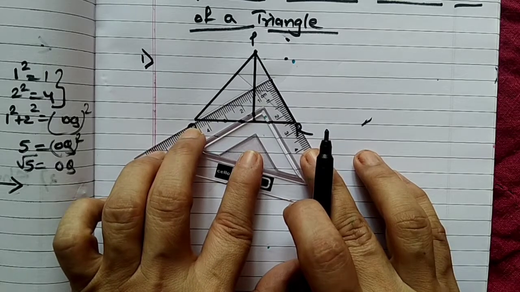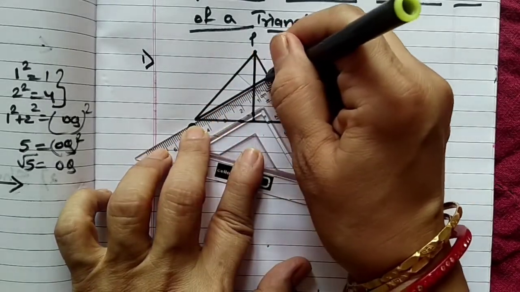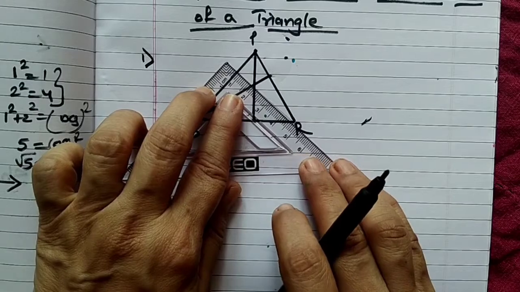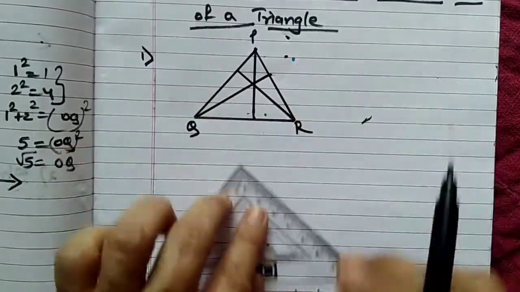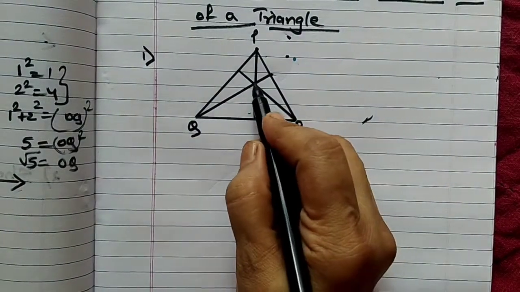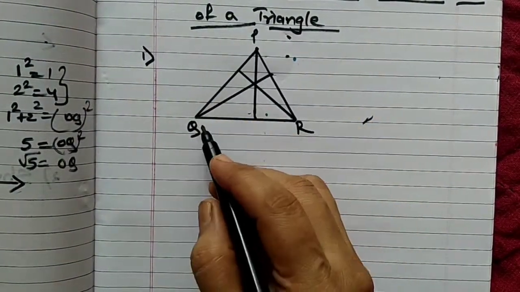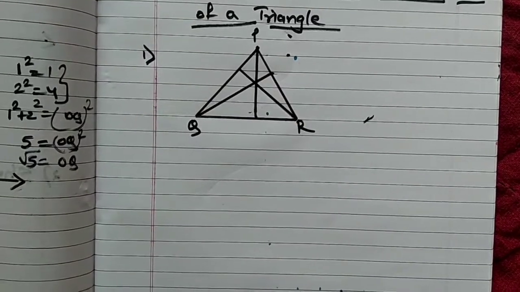I will now darken it with the sketch pen so it will be visible properly. Okay. So these are the three altitudes. Let us name them.